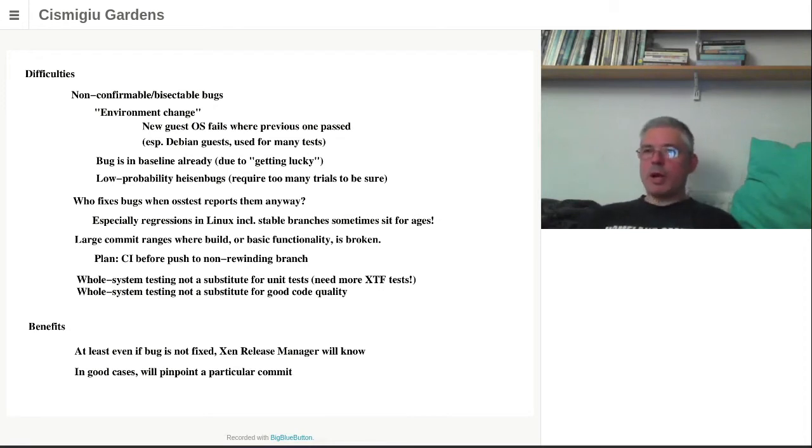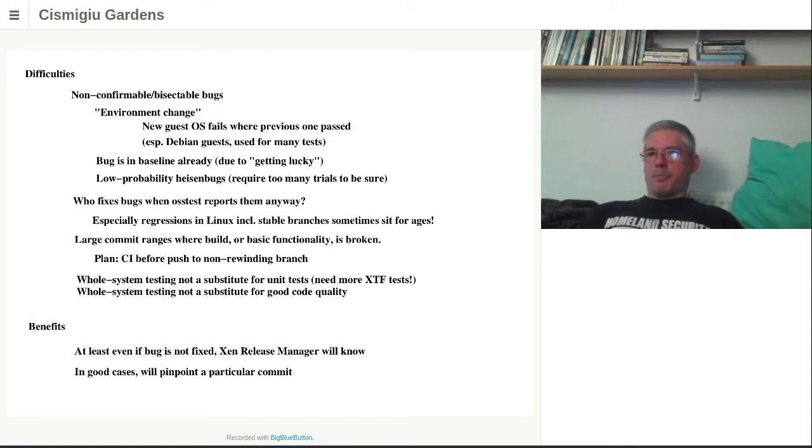Particularly the Heisenbug regressions, the Heisenbugs reported by osstest are often not investigated by the code experts in that field. The Linux kernel, particularly stable Linux kernels, seem to occasionally acquire quite serious regressions, which then sit around for weeks or even months before somebody maybe fixes them.